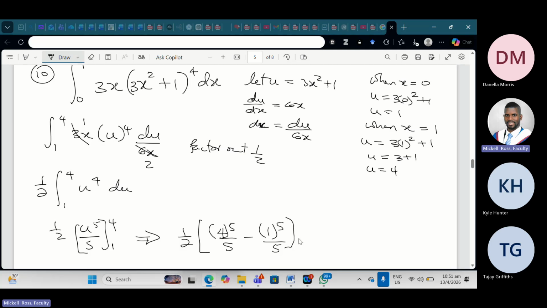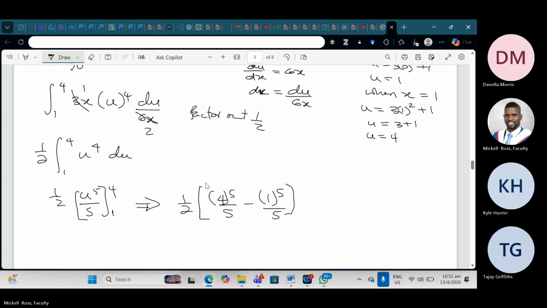And then whatever we get, we multiply by a half. So we're going to end up with a half times 1023 over 5.